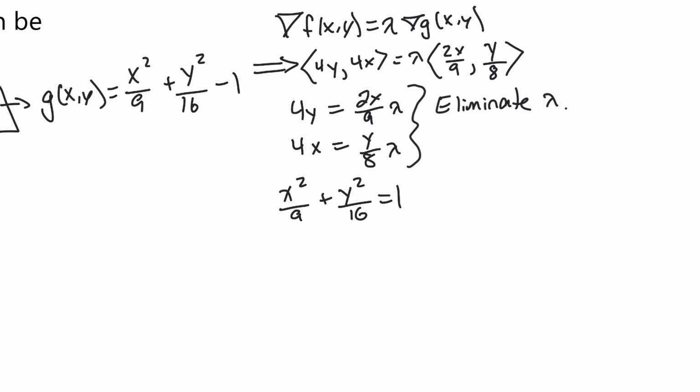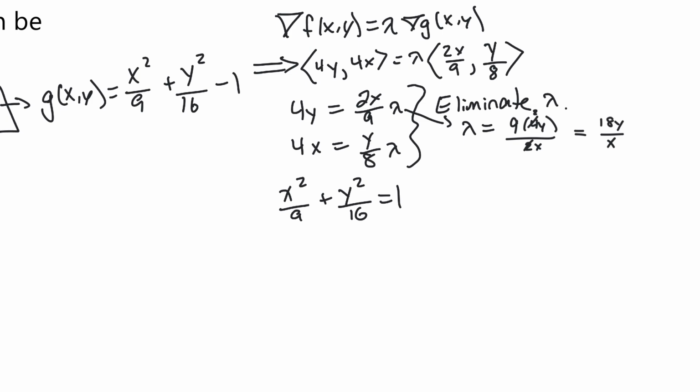So for example, in this first equation, if I solve for lambda, I'm going to get 9 times 4y divided by 2x, so 2, and so we're going to have 18y over x.